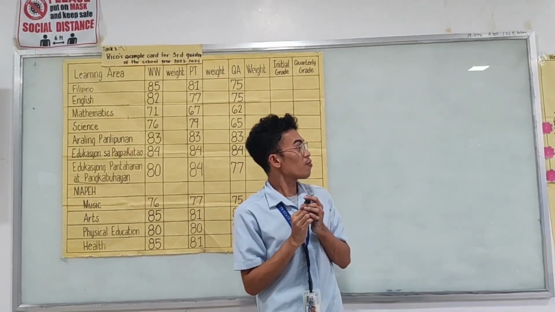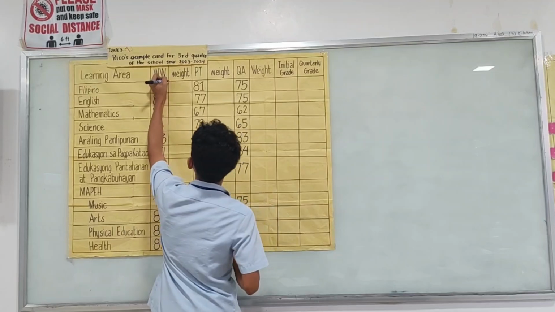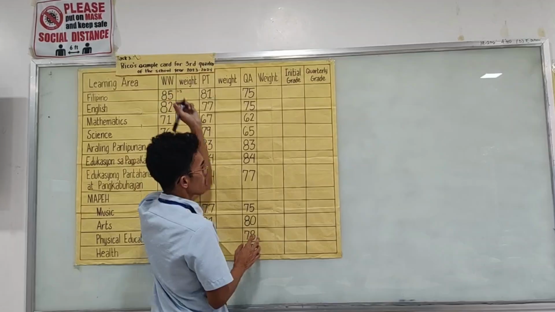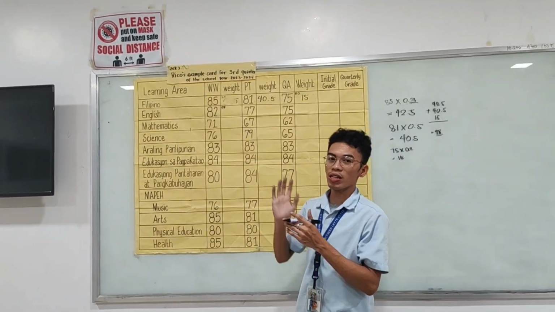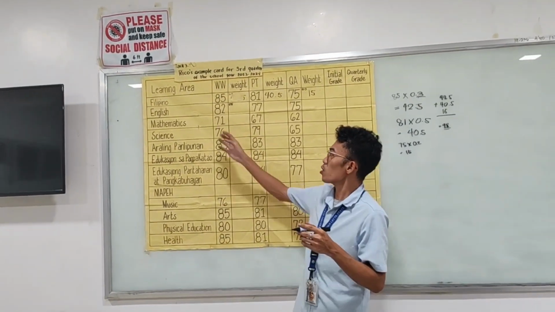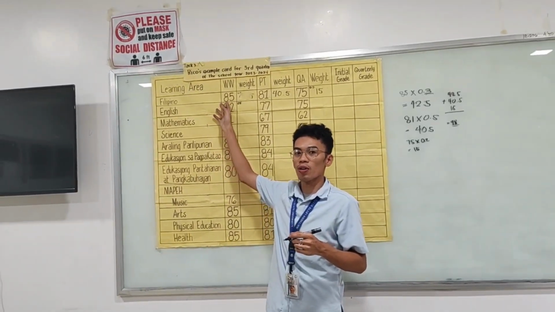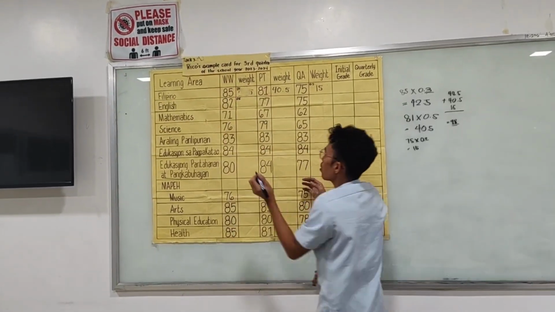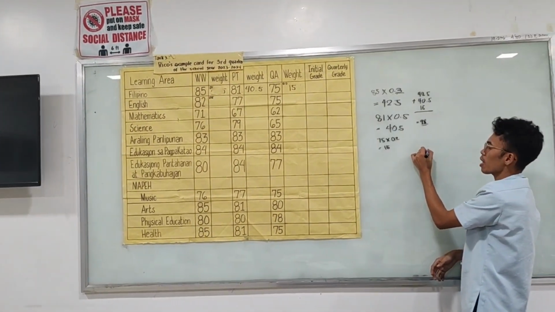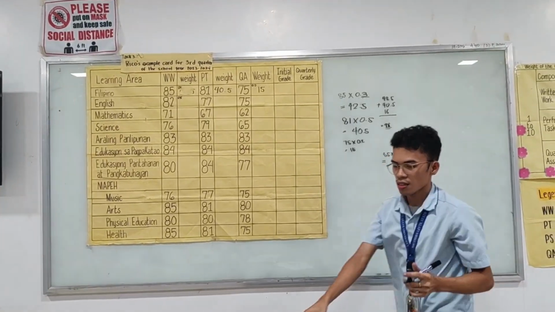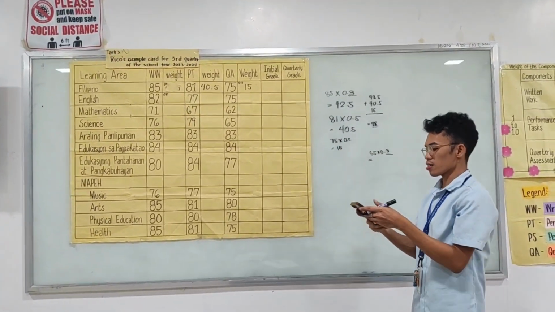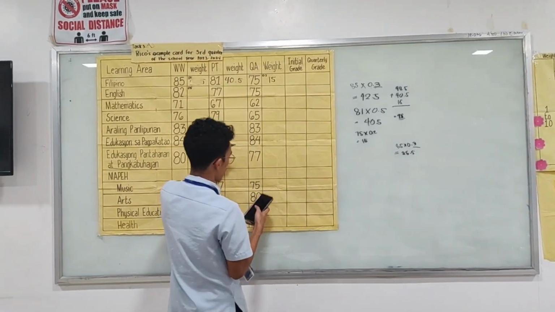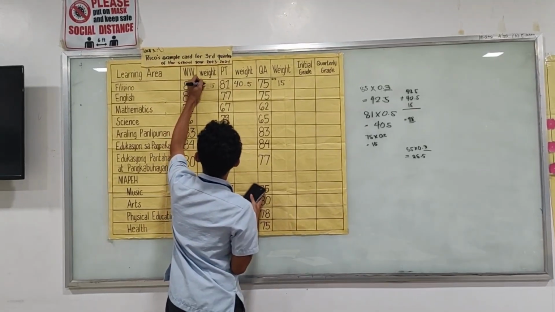Since the weight of written work in Filipino is 30%, we turn it into a decimal number, which is 0.3. So we need to multiply 85 by the weight of the component, 0.3, which is the 30%. So 85 times 0.3 equals 25.5. So the weighted score in Filipino written work is 25.5.